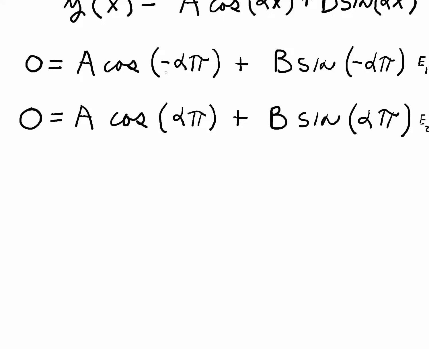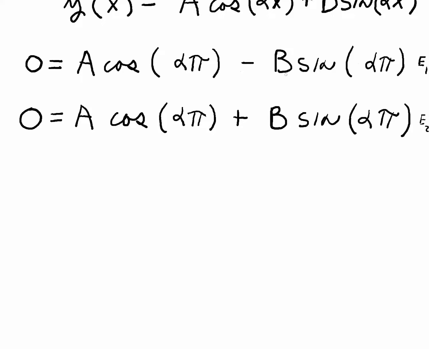We know the sine of minus alpha pi is equal to minus the sine of alpha pi. So we can use the even and odd nature of these functions to change these. I can basically erase this minus sign here, and if I erase it, I must introduce a minus sign right here.